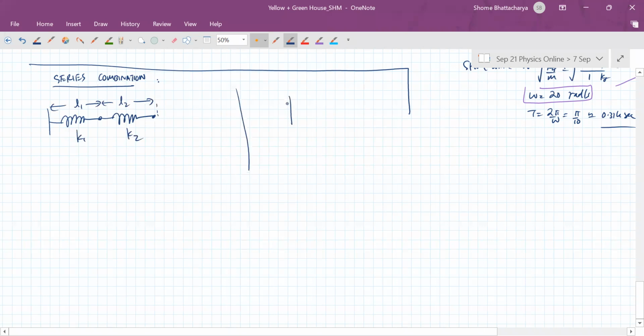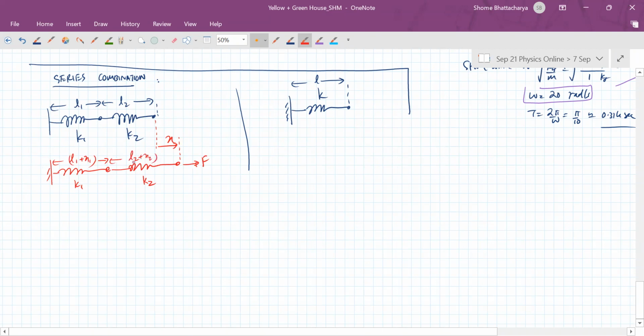And we are comparing that with a single spring, which has constant K and natural length L. Now suppose this combination is stretched out such that this end is given a displacement of x by application of some force. And as a result of this stretching out, this spring gets extended by x1 and this spring gets extended by x2.